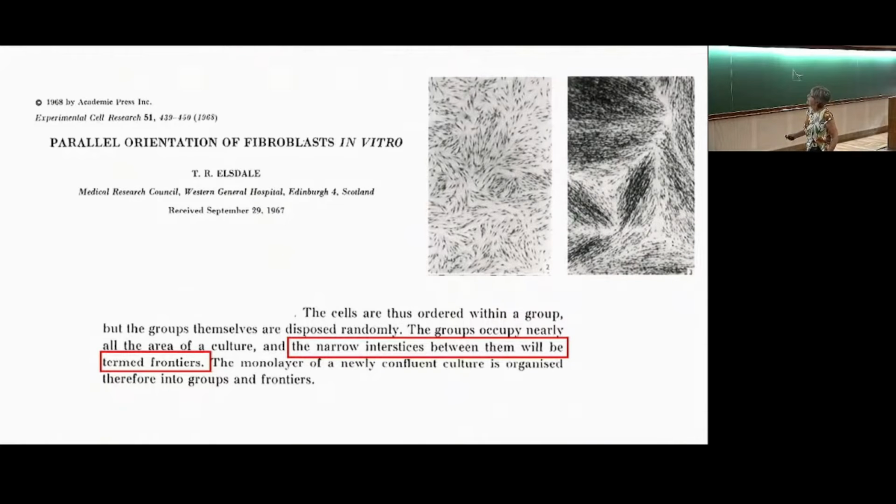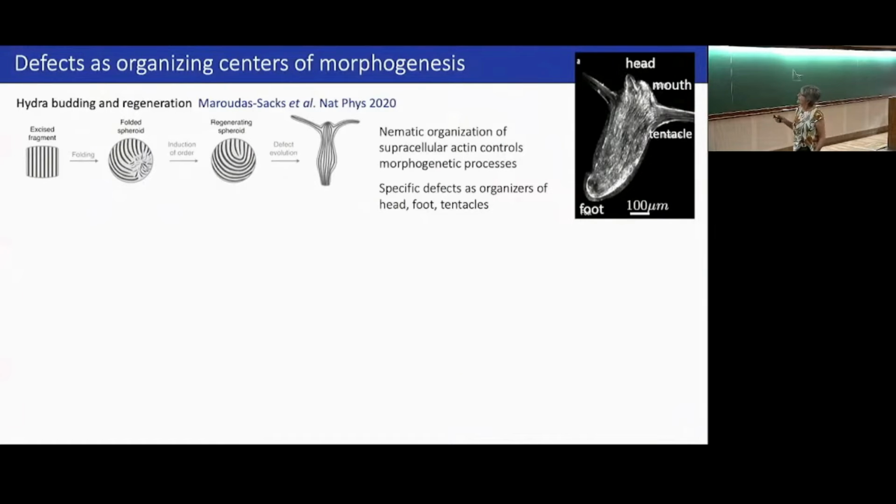It says, the cells are ordered within a group, but the groups themselves are disposed randomly. The groups occupy nearly all the area of a culture, and the narrow interstices between them will be termed frontiers. He didn't have the term topological defect yet, he called them frontiers, but the notion of looking at topological defects in living systems goes back quite a long time.